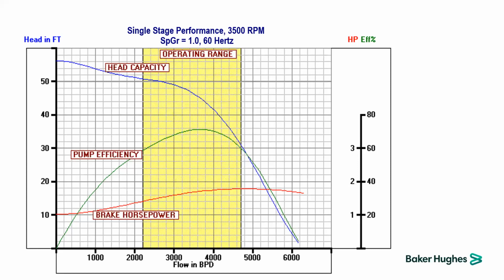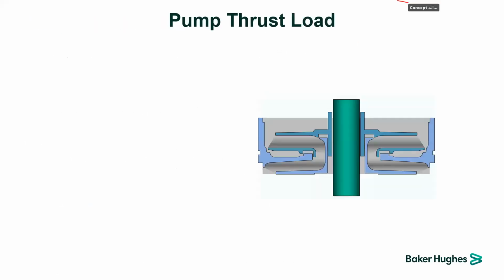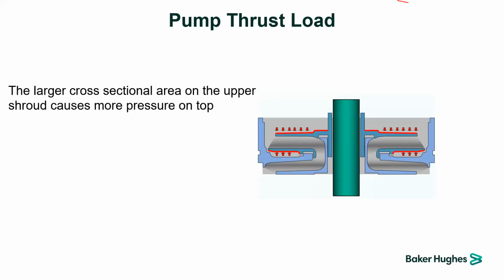So when we talk about down thrust, that means your pump is running outside the operating range on the left hand side. When we talk about up thrust, that means your ESP is running outside the recommended operating range on the right hand side.